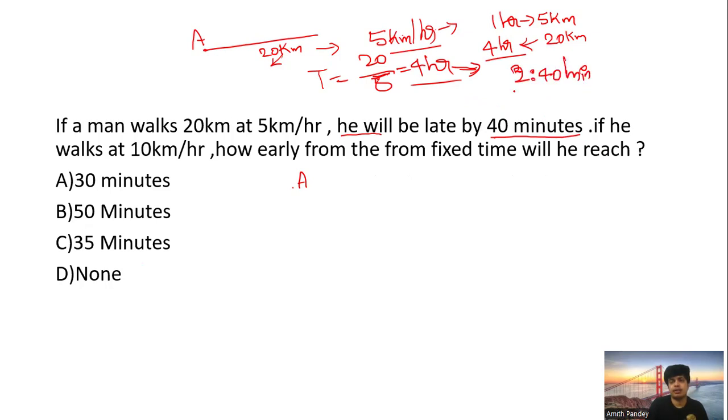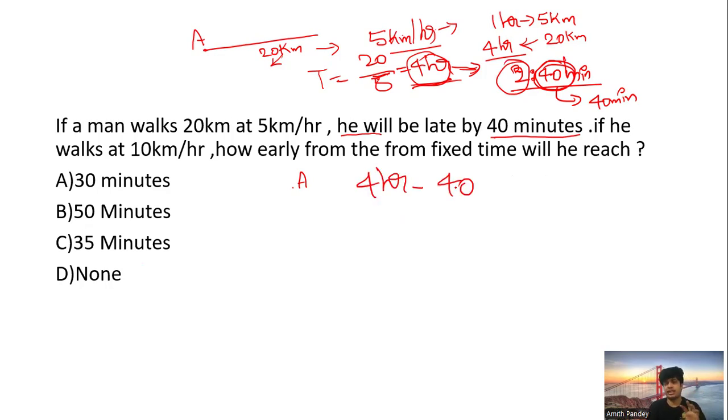Your boss says you are late by 40 minutes. Indirectly he wants to say that usually you take 2 hours, but now you have taken 40 minutes extra. Same thing here also, 4 hours means there is a delay of 40 minutes. So what is the actual time then? 4 hours minus 40 minutes.